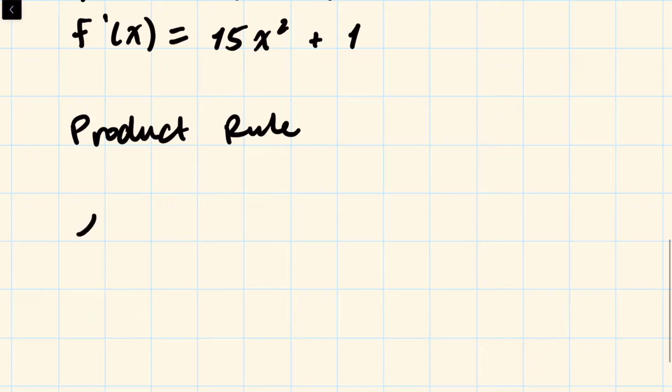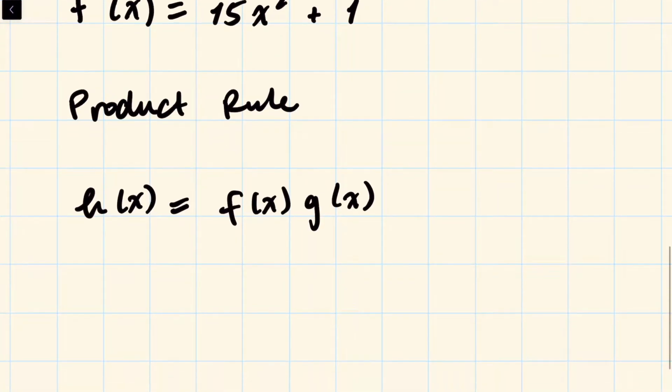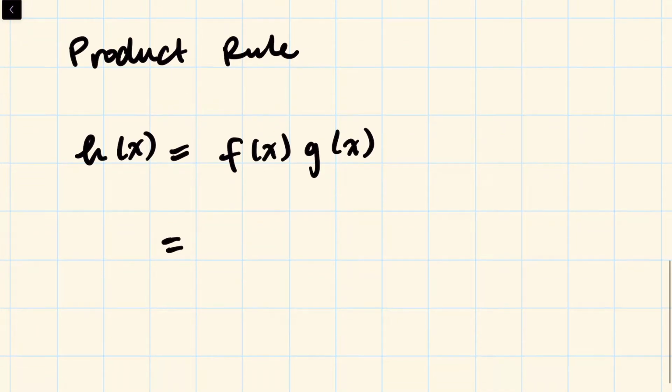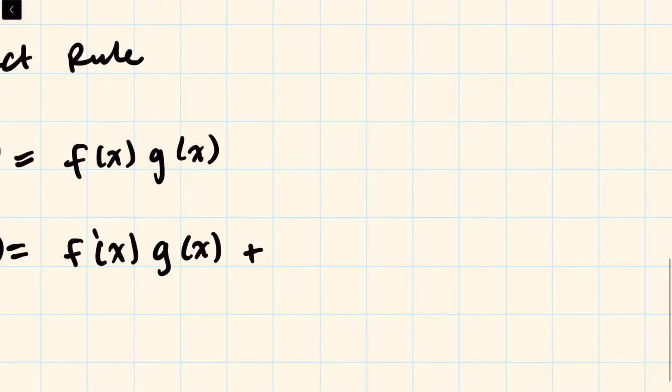Now let's move on to the product rule. The product rule states h of x equals f of x times g of x. So you have two functions multiplied together here. You are going to get as h prime of x: f prime of x times g of x, plus f of x times g prime of x.